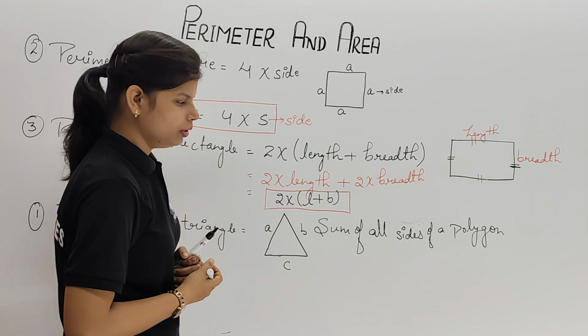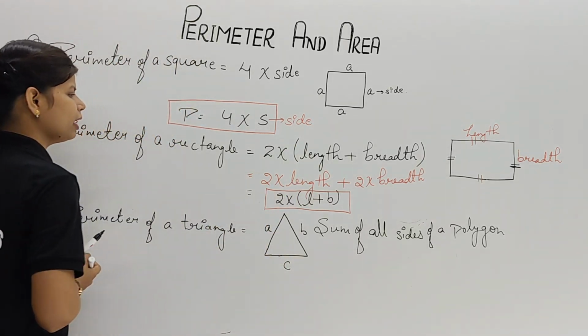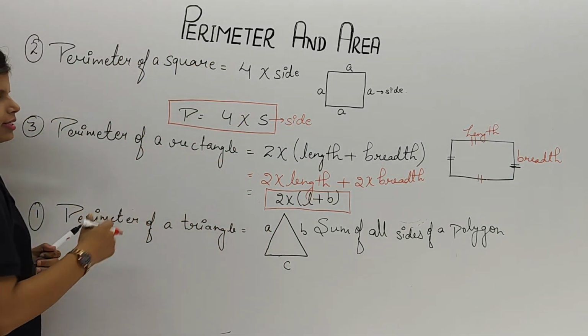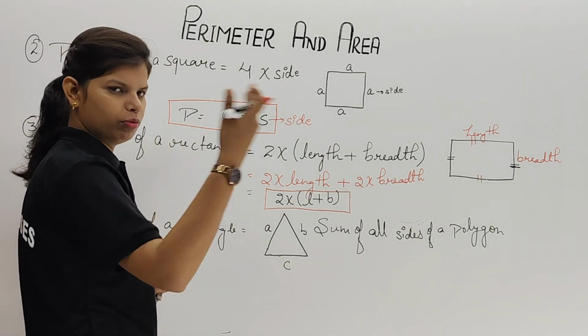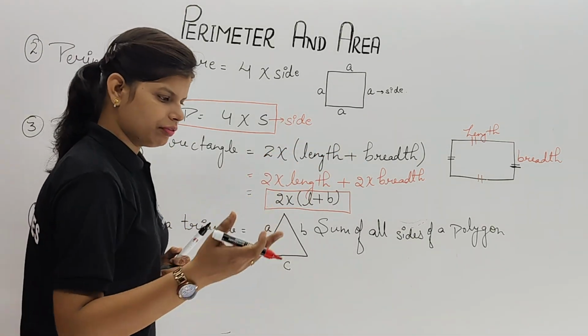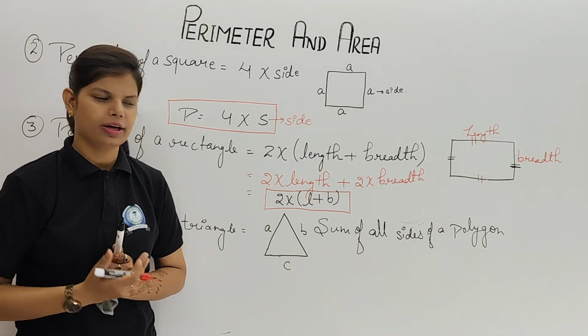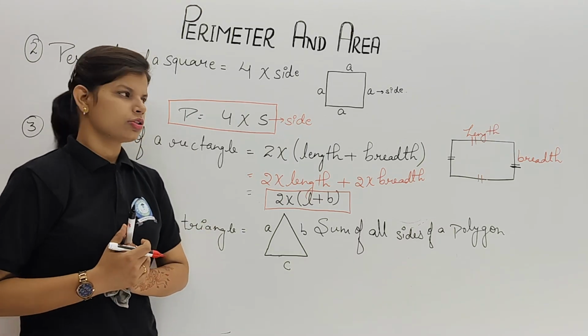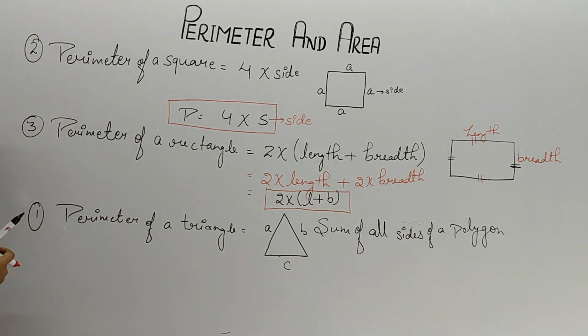Clear? Understood? Now let's move to the numerical part of this chapter. As you know, formulas are important in perimeter and area, and then we'll move to the numerical ones. Afterwards we have the discussions with numericals from these three topics. So children, take a screenshot of this one so that you can remember the formula in a deep way. Afterwards I'll write the formula in short form, then we have the discussions with the question.